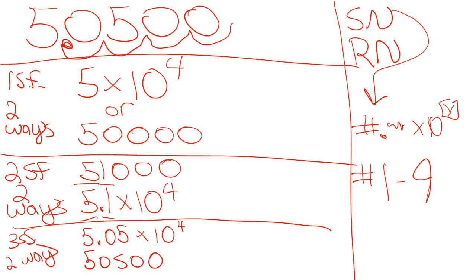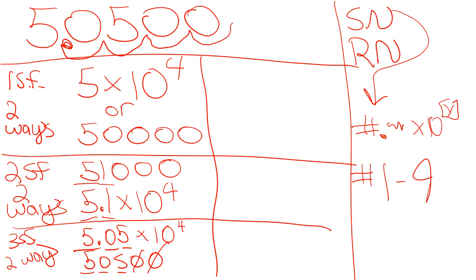So I think becoming comfortable with numbers is something that is very important for you to do as soon as you can. So this number here, zeros in between non-zeros are significant. Zeros at the end of the number are only significant if there's a decimal.